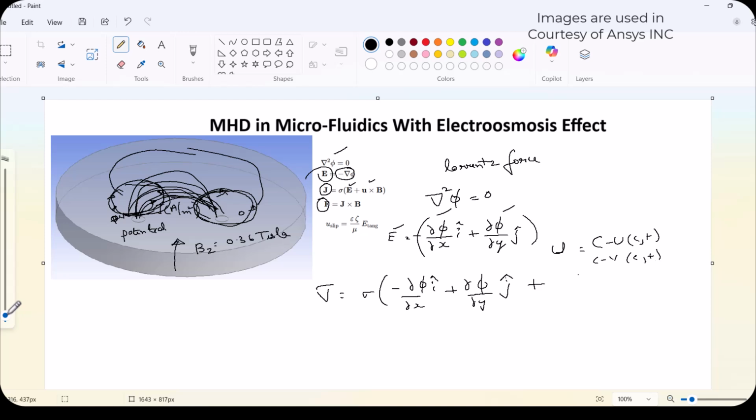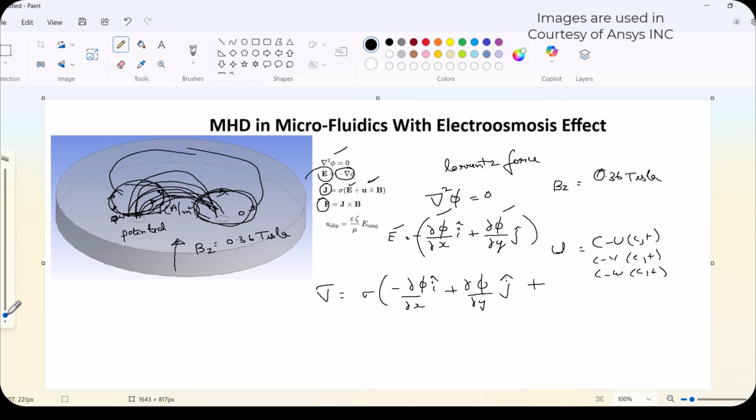I am talking in terms of ANSYS Fluent. And B is the magnetic field, which has three components, Bx, By and Bz, but the remaining two components are 0, and only Bz is present, which is the 0.36 Tesla we are using for this example case.